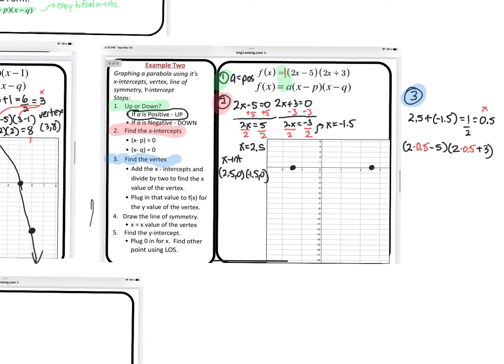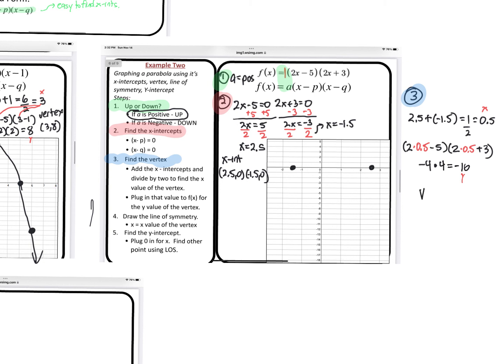And let's do these out, okay? And so, just walking through this, 2 times a half is just going to give me 1, and then minus 5, that is a negative 4. And I'm going to multiply that by the result of the other one. So this is going to give me half as 1, and so positive 4. So that is going to give me a negative 16. And that is the y value of my vertex.